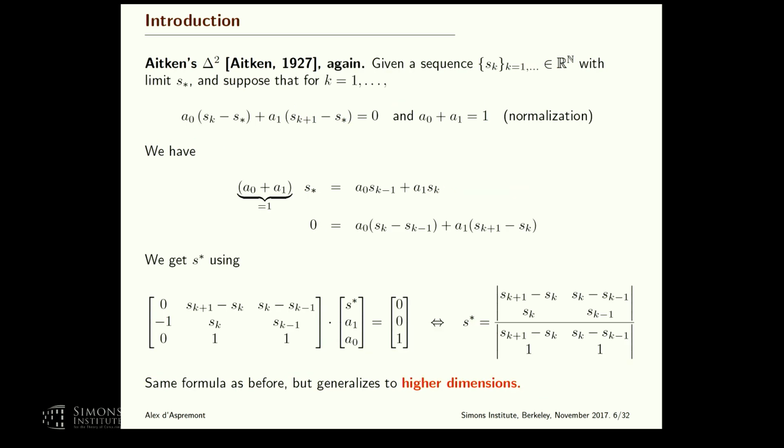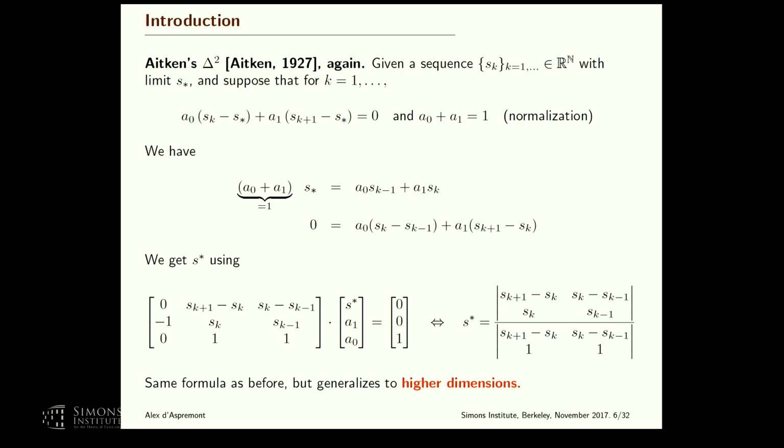We can do the derivation a little bit differently and assume this linear model between the iterates with a normalization constraint over here. And now, instead of estimating the parameter and plugging it into the model, we simply list a certain number of linear equations that have to be satisfied by S, the model parameter A, and the limit s star.